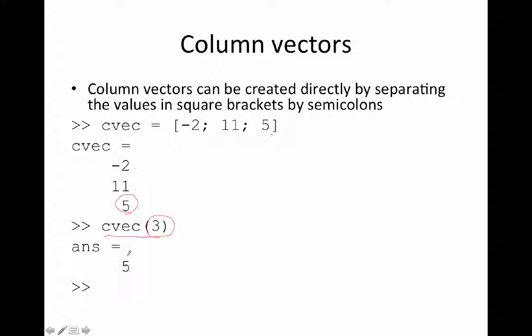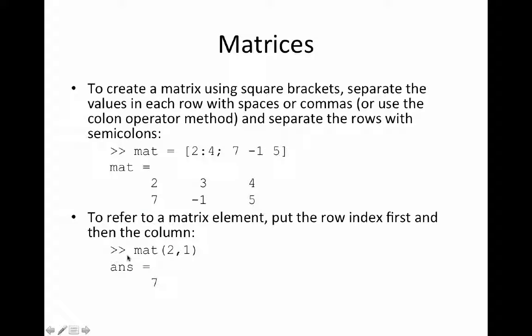Now, to create a matrix using square brackets, you separate the values in each row with spaces or commas, or you use the colon operator method, and you separate the rows with semicolons. So here's a matrix that has 2, 3, 4 in the first row, and then 7, -1, 5 in the second row.